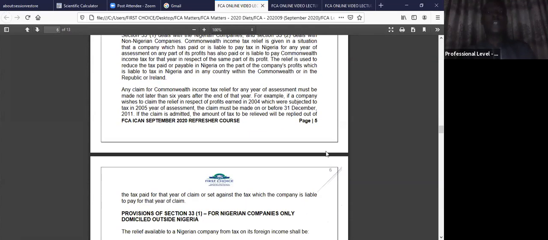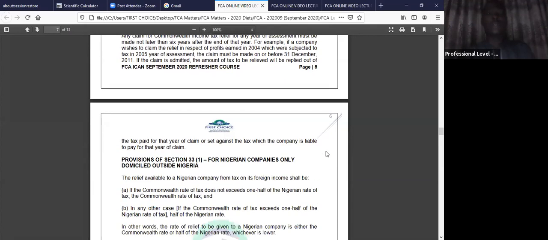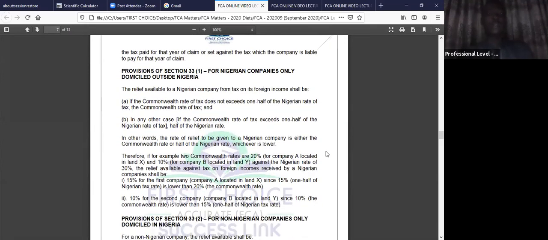Then secondly, look out for the foreign tax rates, then the Nigerian tax rates. Then you look for half of the Nigerian tax rates. So take note, you look for the foreign tax rates, you look for the Nigerian tax rates, then you slice that Nigerian tax rate into half.